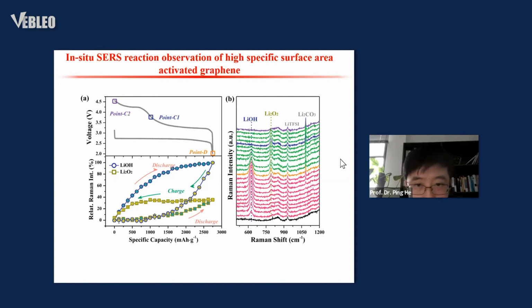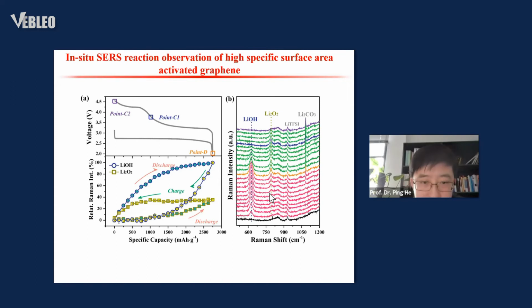So we can see this in situ Raman test during discharge and charge. You can see this lithium hydroxide gradually forms and gradually vanishes. So this lithium peroxide during the discharge process forms and gradually vanishes.